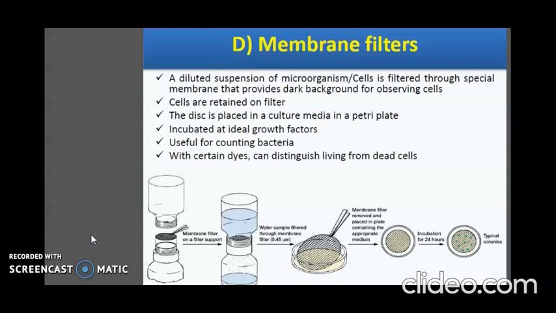The plates are incubated and colonies are observed on the membrane surface. A large volume of the sample can be analyzed using this method, and various types of microorganisms can be detected by using selective media in the plate. With certain dyes, it can distinguish living from dead cells.